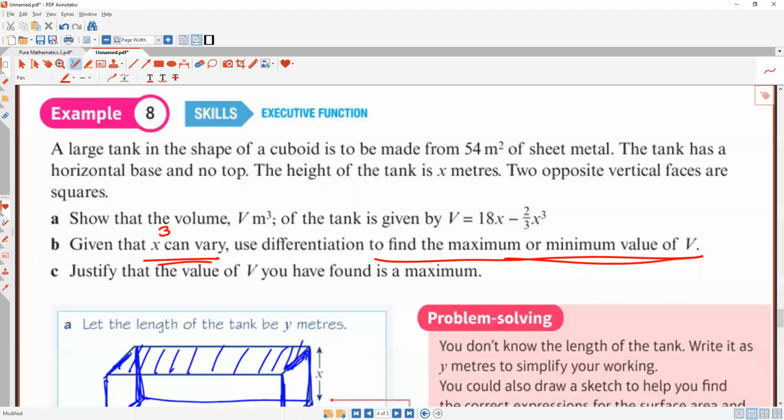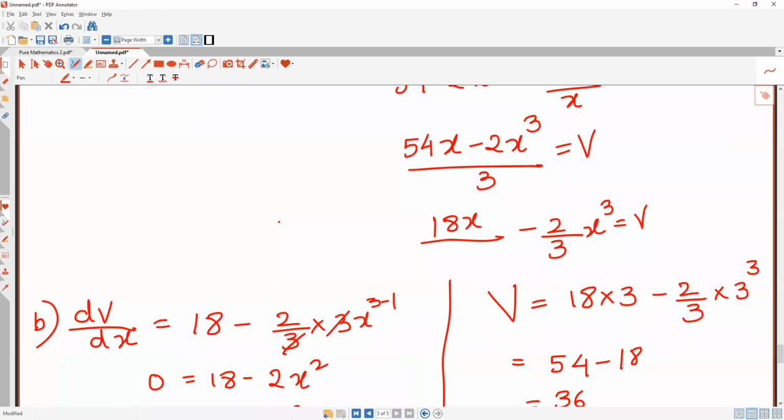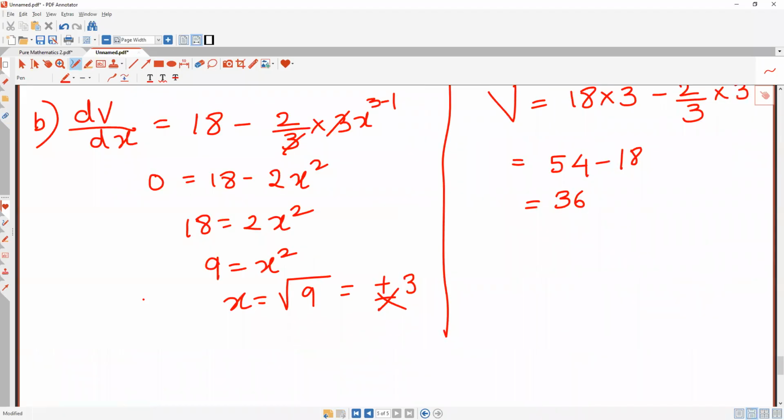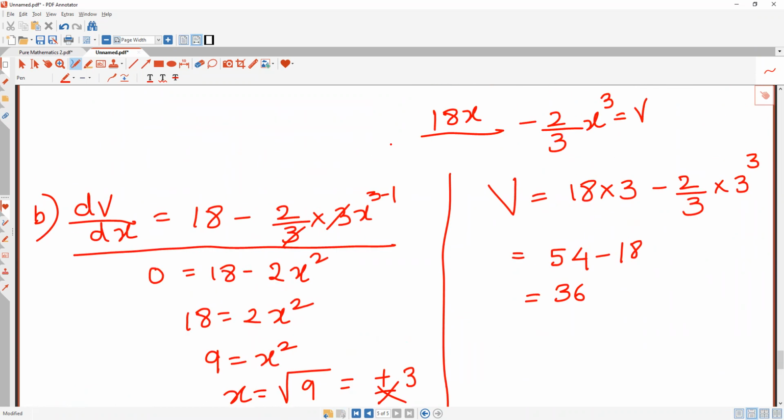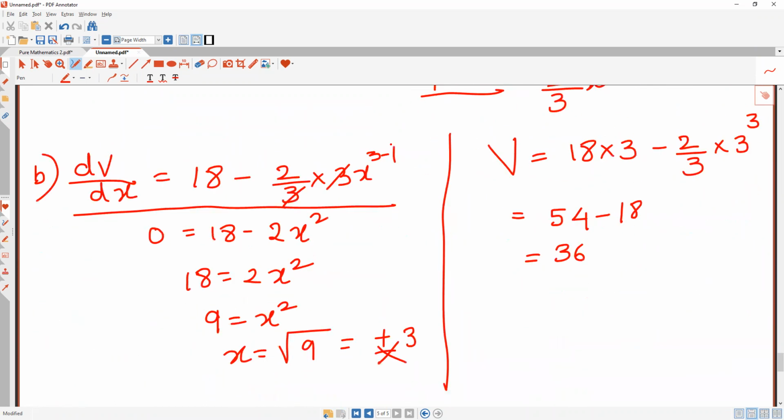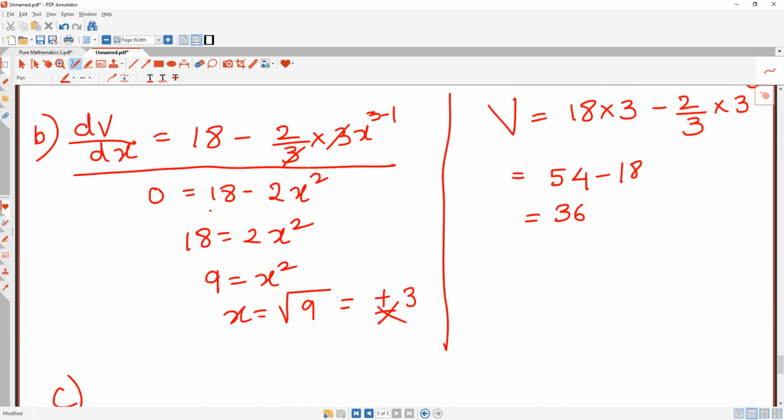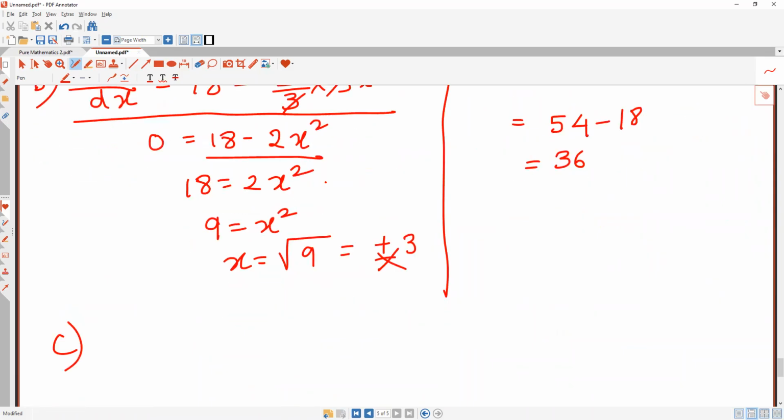Justify whether it is maximum. Now to justify, I told you, you have to do double differentiation of this one. 18 minus 2x square. The double differentiation of 18 is 0, and here it will be minus 4x.